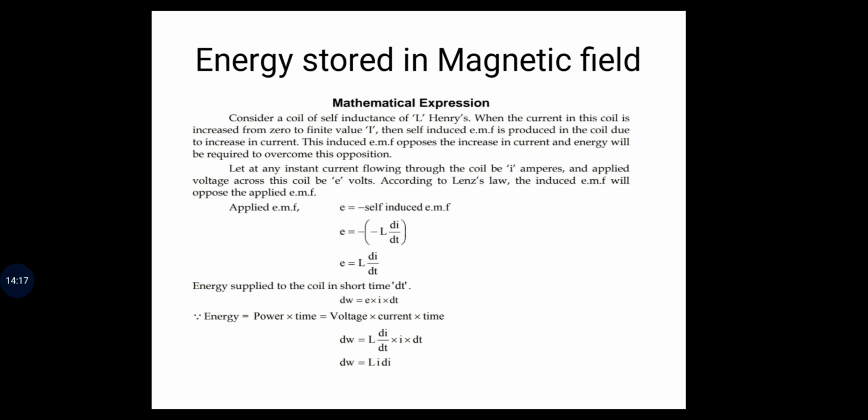Here the magnitude E equal to L into di by dt. Here the energy supplied to the coil is dw equal to E into I into dt.